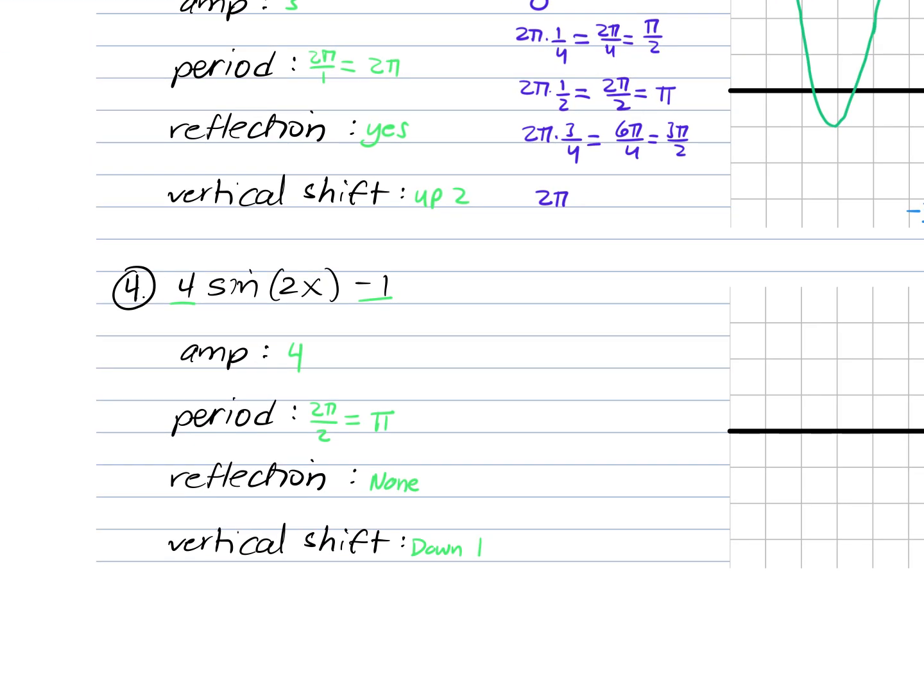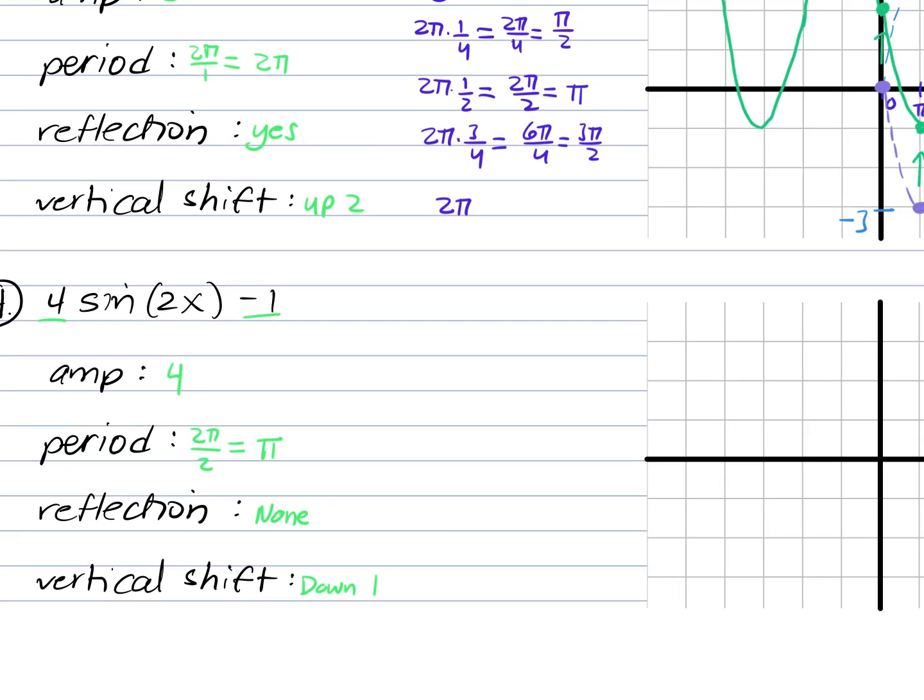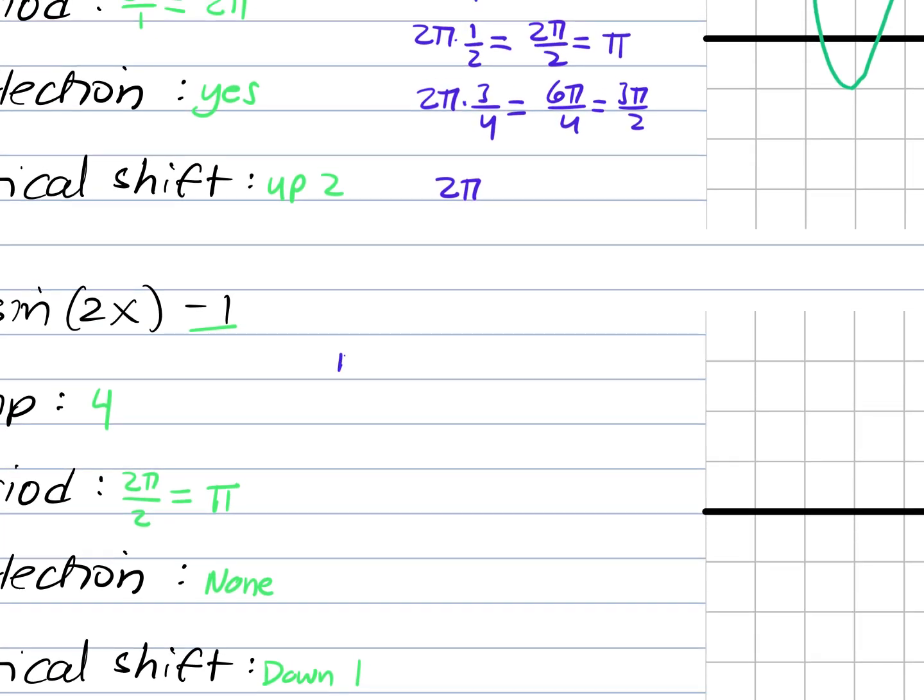All right. Now let's find our key points. Always start at 0. After 0 are our quarterly intervals, so pi times a quarter, pi times a half, and pi times 3/4, and then the period.